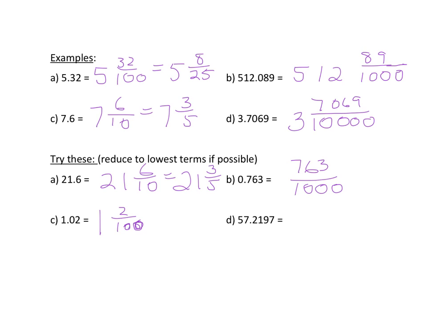So it's 2 100ths, and we could reduce that to 1 and 1/50th. And finally, the last one will be 57 and 2,197 over 10,000. And hopefully you got those correct, and you'll have opportunity in class to practice more of those.